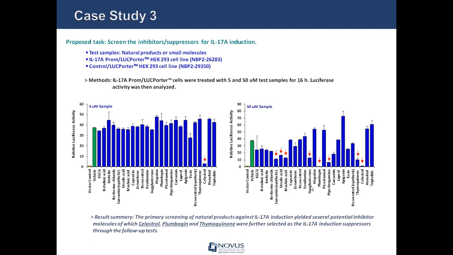So through this primary screening, the natural compound screen against IL-17A induction yielded several potential inhibitor molecules, among which celestrol, promethazine, and thymoquinone were further selected as IL-17A induction suppressors through the follow-up test.